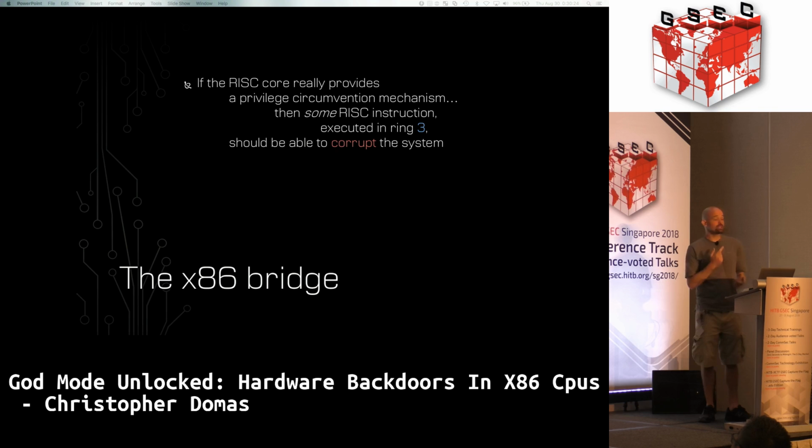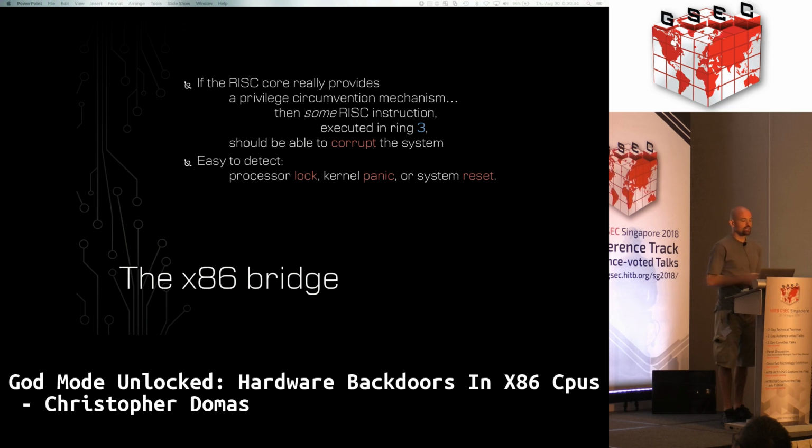So then the question is, how do we know if we've successfully executed a RISC instruction? Well, if this RISC core really does provide a privileged circumvention mechanism on the processor, then there should be some RISC instruction that when executed in ring 3 should be able to corrupt the system. Normally that would never happen in ring 3. The whole purpose of the separation of privileges is that you can't corrupt the system from ring 3.